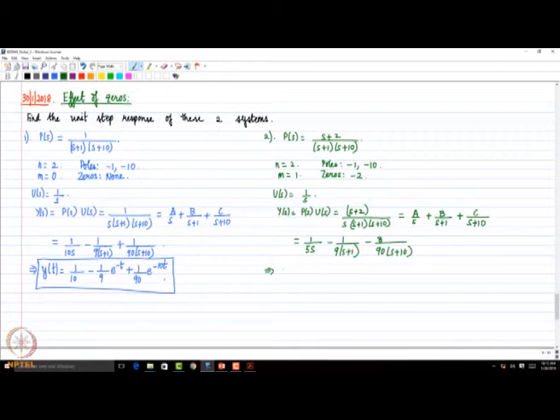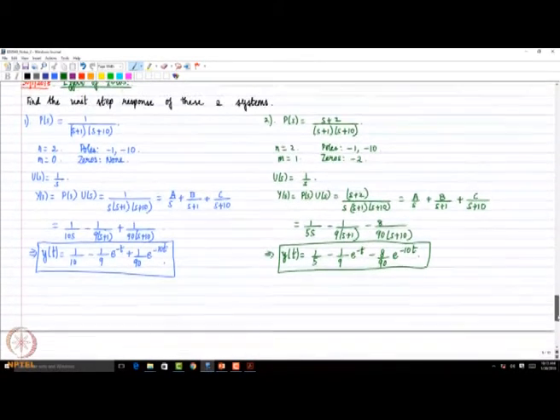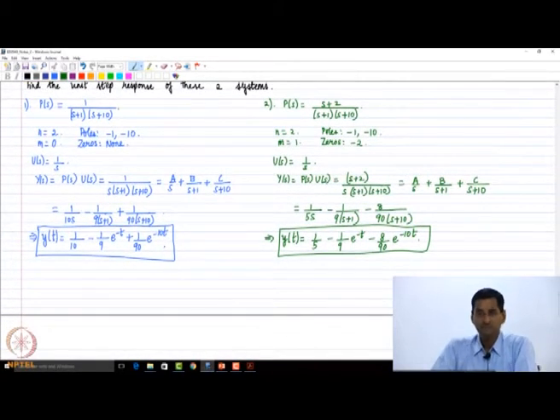So this implies that y of t is going to be equal to 1 by 5 minus 1 by 9 e power minus t minus 8 by 90 e power minus 10t. That's going to be the solution in this particular case. Now what do we observe?